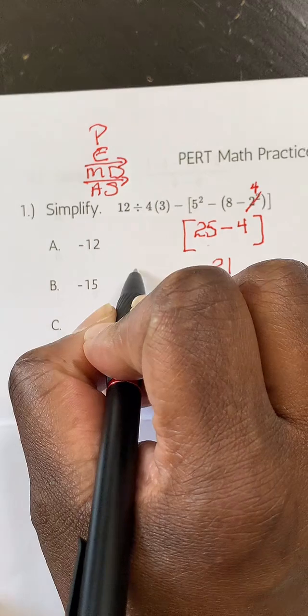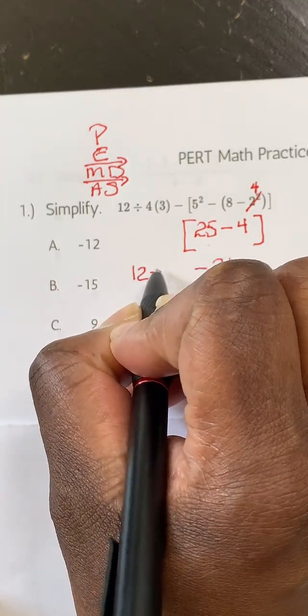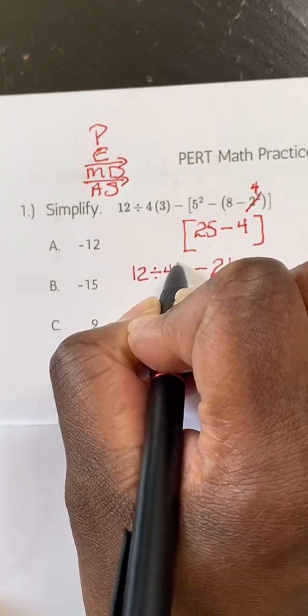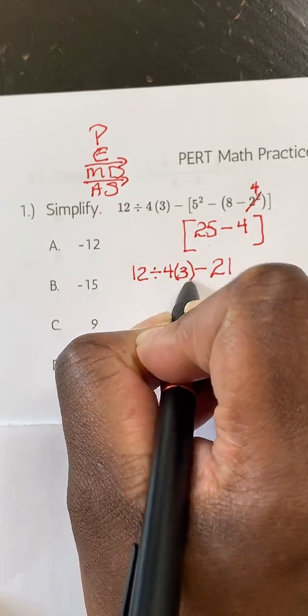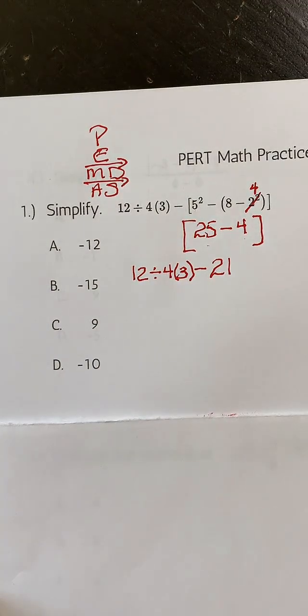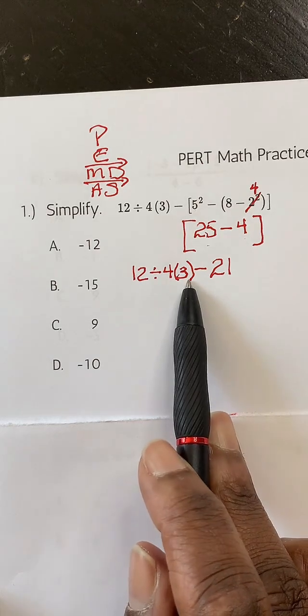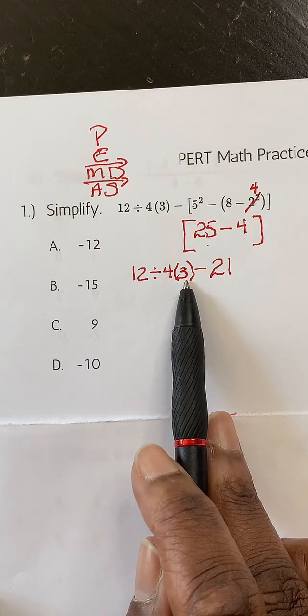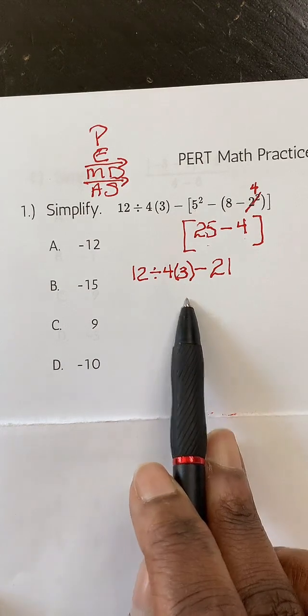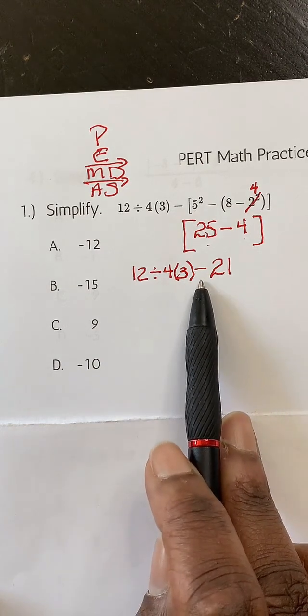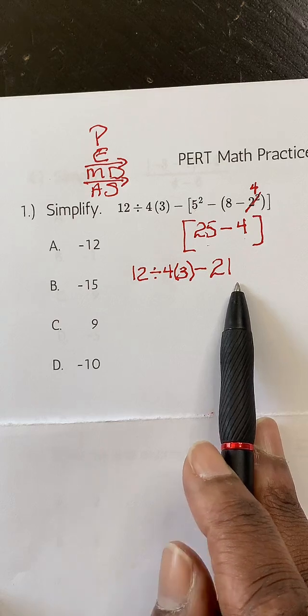Now I'm bringing everything else down. I know for sure there's someone out there that probably didn't put an answer down, but that's fine. They say, well, I can do 4 times 3, so that gives me 12. And then 12 divided by 12 is 1. And so 1 minus 21 should be a negative 20.